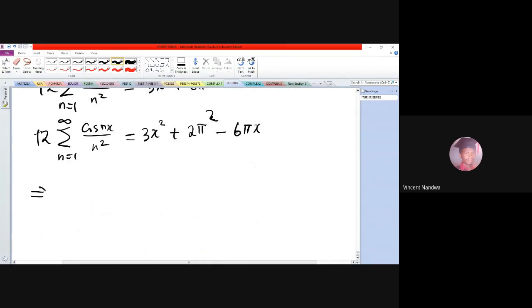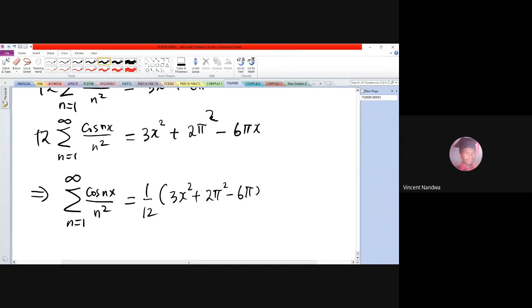So this tells us that summation n from 1 to infinity of cosine nx over n squared equals, dividing everything by 12, 1 over 12 into 3x squared plus 2 pi squared minus 6 pi x. That's what we have.